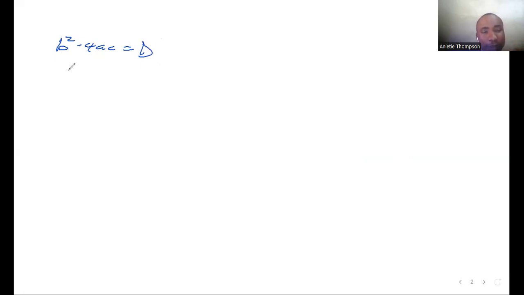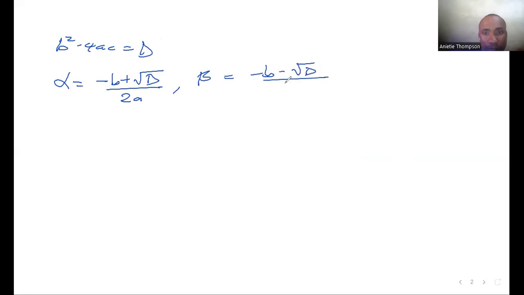So if I write alpha as equal to minus b plus the square root of d, divided by 2a, and then beta, the other solution, is minus b minus the square root of d, all over 2a. Now, we want to get the sum of these roots.